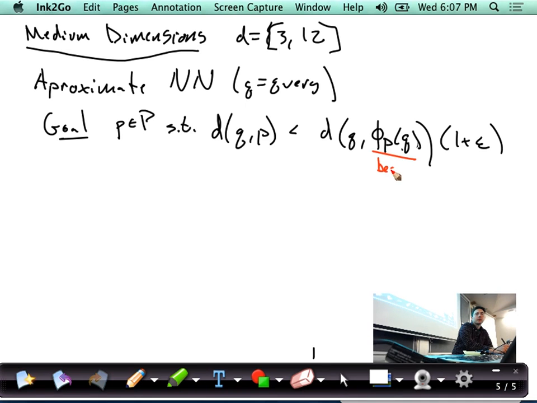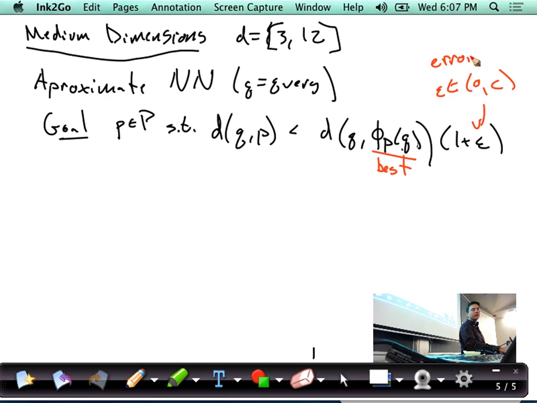So this is the best possible point, and this epsilon here, you're going to have epsilon in say often 0 to some small number. Often maybe this is 1, you get a 2 approximation. If it's 0.1, you get a 10% approximation.